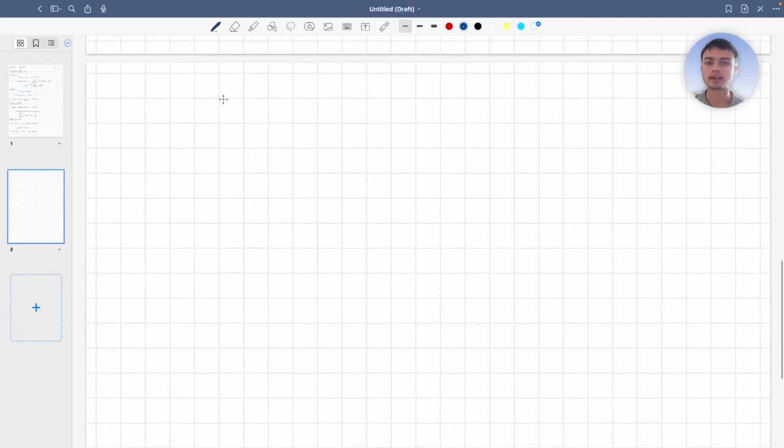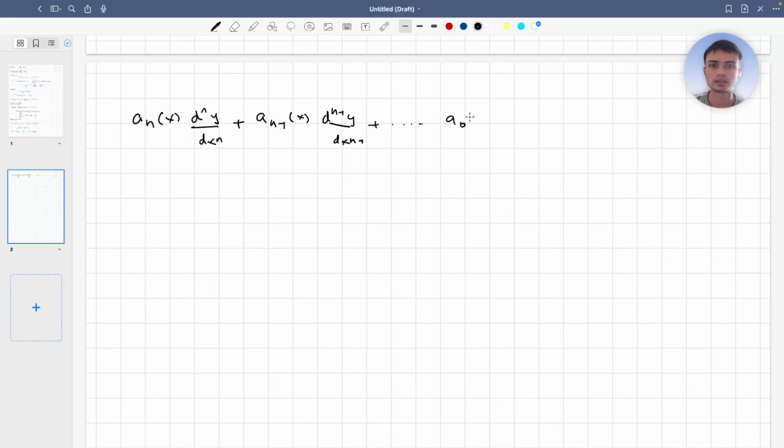So if I write a general form of a differential equation, that is a_n of x d^n y on dx^n, and so on down to a naught, which is of the zero derivative, y of x equals 0.